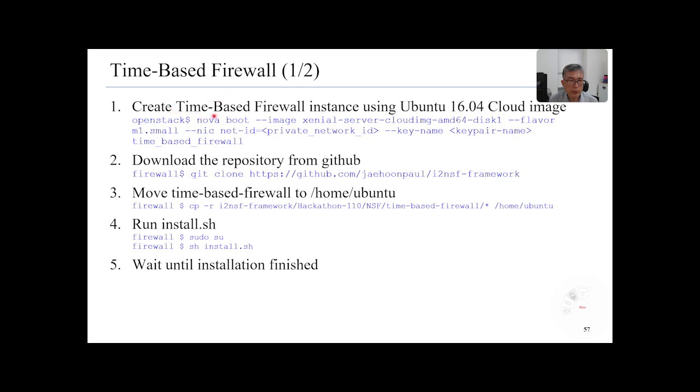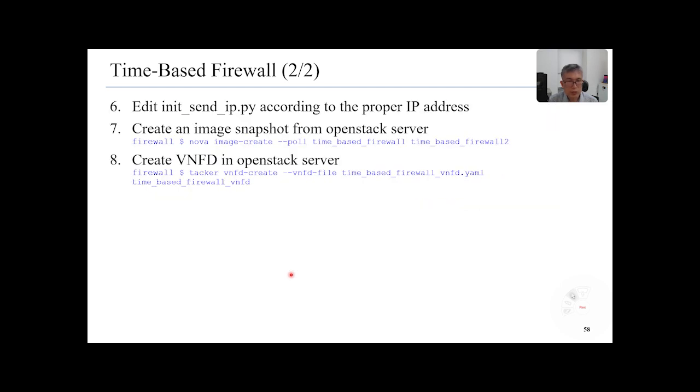Then we can install the time-based firewall. Create the time-based firewall instance using Ubuntu 16.04 cloud image, and then download the repository from GitHub, and then move the time-based firewall to your home Ubuntu directory, and run the install shell file, and wait until the installation finishes.